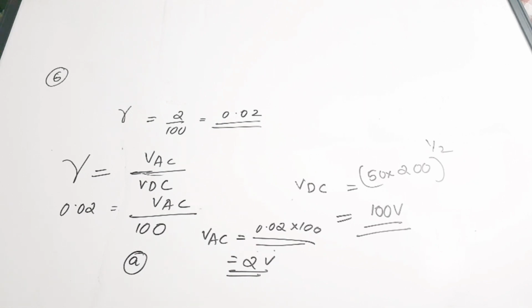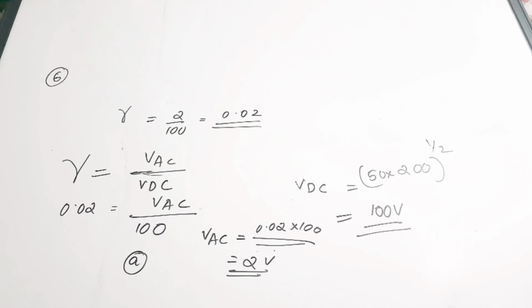Okay, so how to do this question is, in the question it has been given the DC power and also the load resistance, and the ripple value is given in percentage. So the question is actually asking about your AC voltage value, that is how much AC component is present along with your DC voltage.